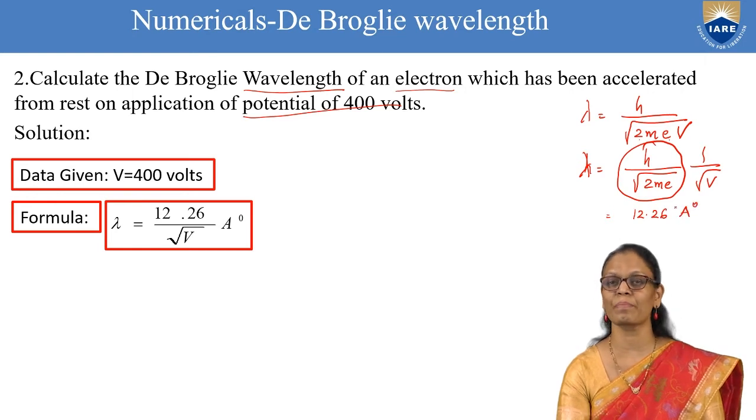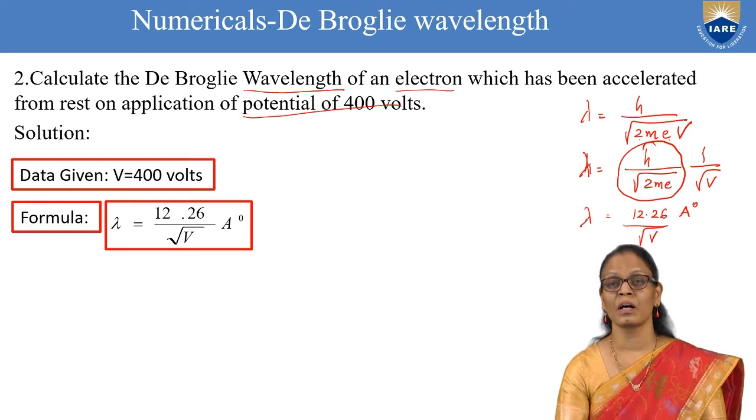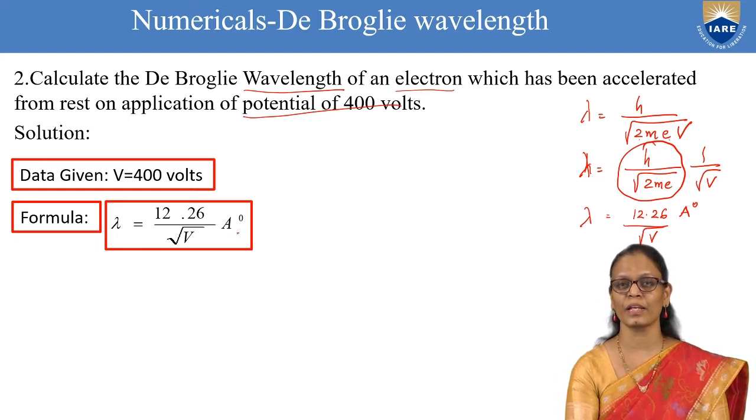1 angstrom is 10 power minus 10 meters. So I am directly writing for this value 12.26 angstrom and we have root V. So it is the direct formula that we are using here. Lambda is equal to 12.26 upon under root V angstrom.